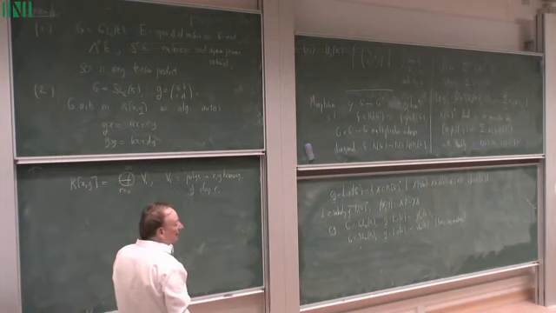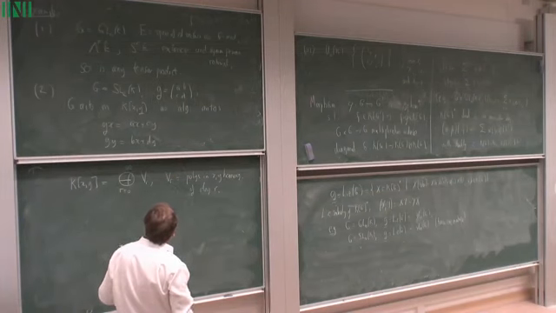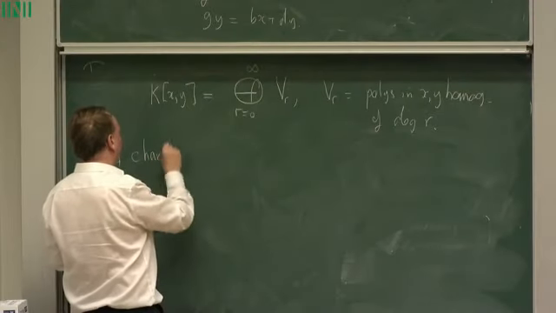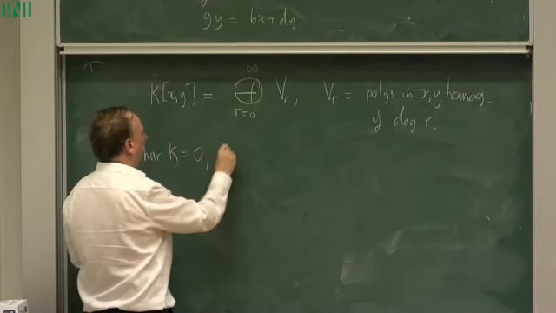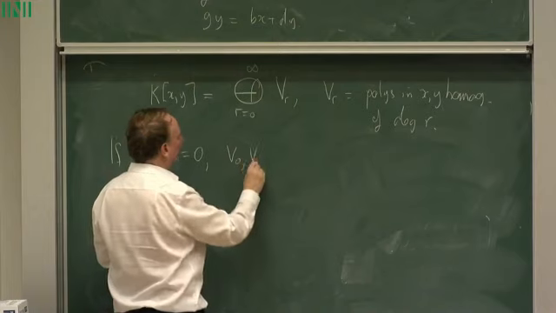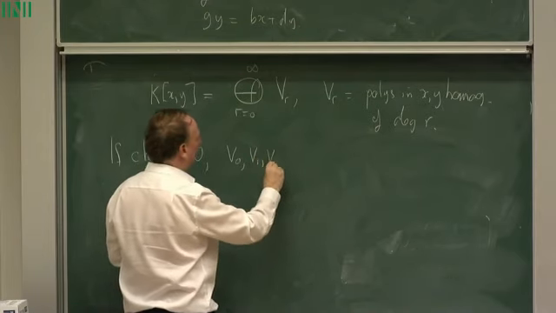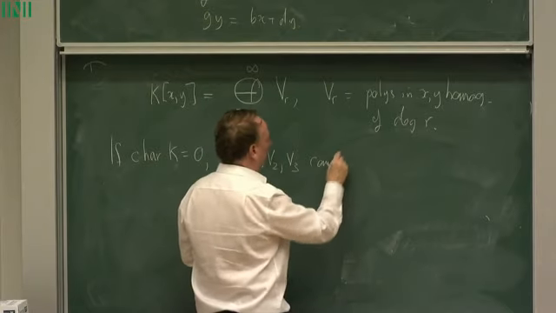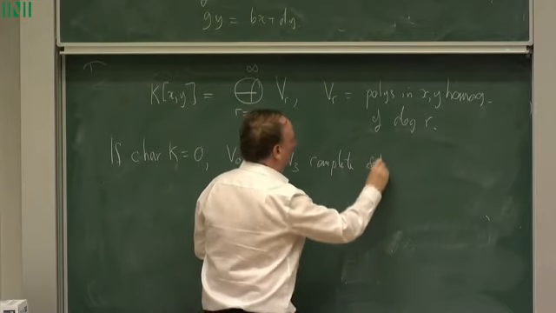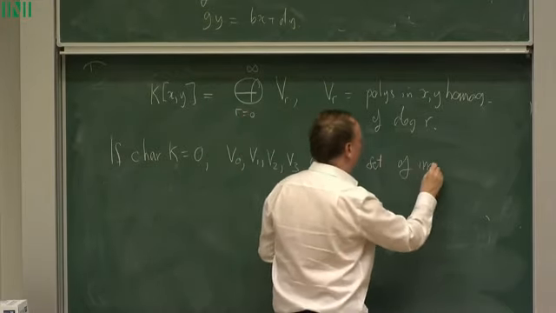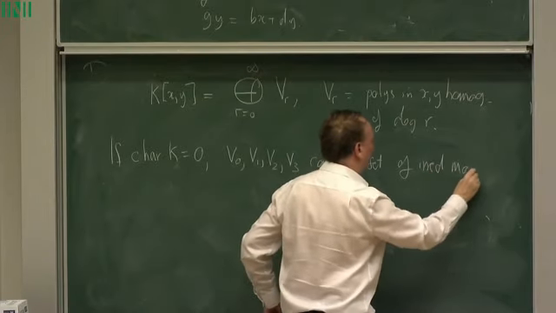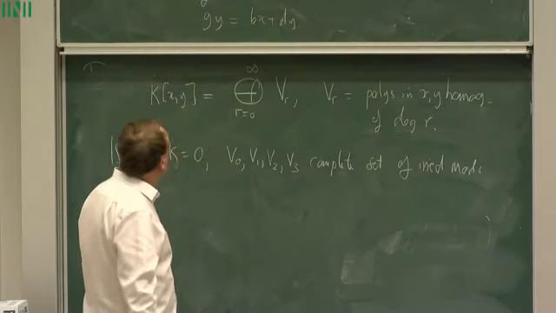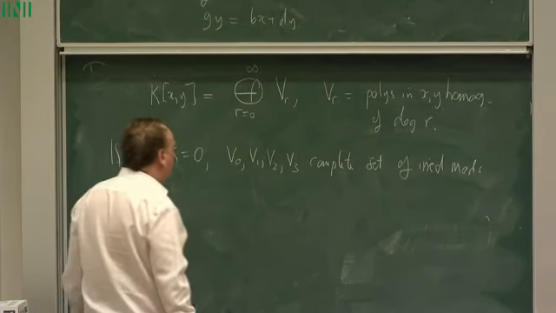Now, if we're in characteristic 0, this is it. If the characteristic of k is equal to 0, this is a complete set of irreducible modules. That's not true in characteristic p.